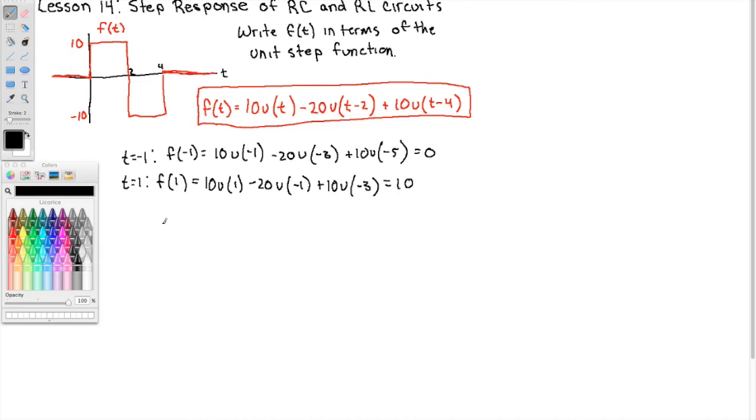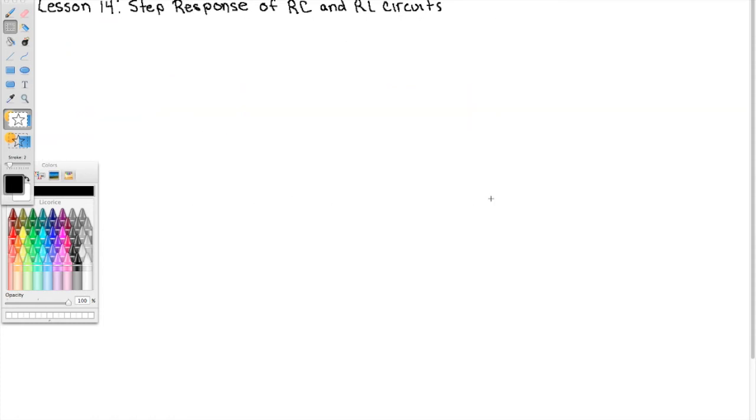All right, let's start to bring circuits into this a little bit now. I want to go back to the unit step itself, unshifted, unscaled.